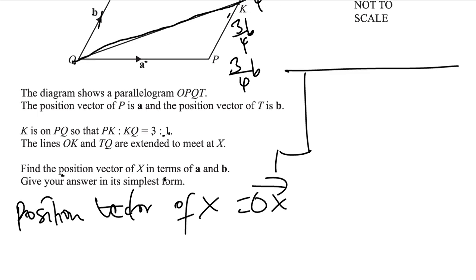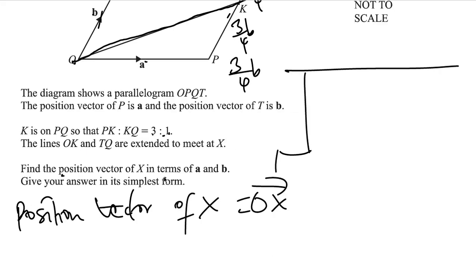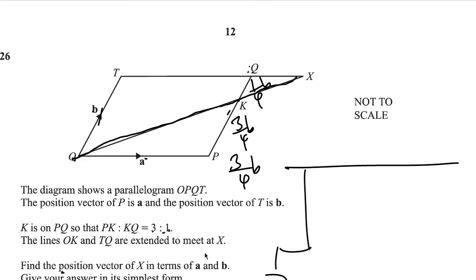So the question now is OX. In order to get OX, all we simply need is OT plus TX. That's the simplest way. So OX is equal to OT plus TX. Now pay close attention. This is OX, we're trying to achieve this vector. To achieve this magnitude, we move this way, right?